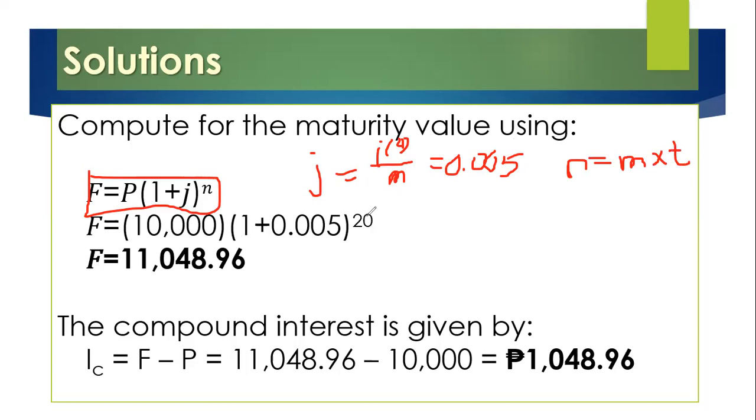So, kaya magiging 20 po yan. So, we substitute the values given, 10,000 for the principal amount, then 1 plus 0.005 for the J. Itong 20, saan po nang galing yan, sir? Dito sa M multiply to T. So, ano ba yung M? So, N is equal to M since quarterly, that is 4. Multiply to T, which is 5 years daw mong i-invest yung pera. So, N is equal to 20.